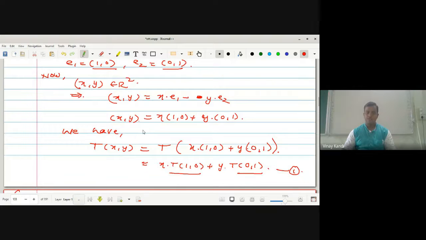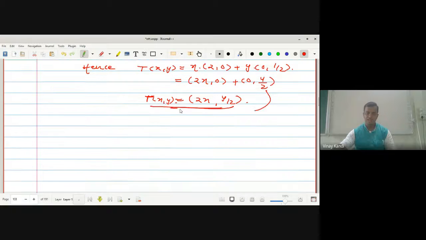Now we have to find the matrix of linear transformation. Okay, so find the T of 1 0, which is equal to what we have, 2 0. Okay, so that we can write in this. This is the element of our codomain, that is R2, which is equal to 2 into 1 0 plus 0 into 0 1.